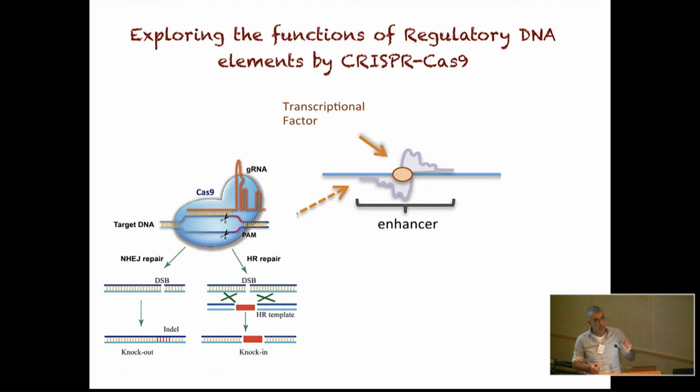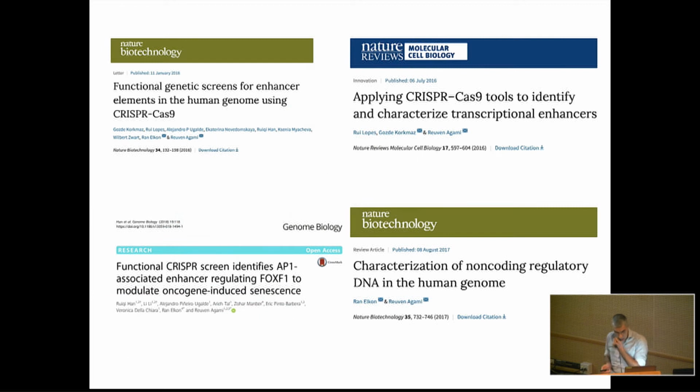By targeting this, we disrupt the binding of the transcription factor and locally affect the enhancer activity. We've done this in the past 3 years quite extensively, studying many of the transcription factors that I just mentioned, including p53, estrogen receptor, androgen receptor, and CTCF.